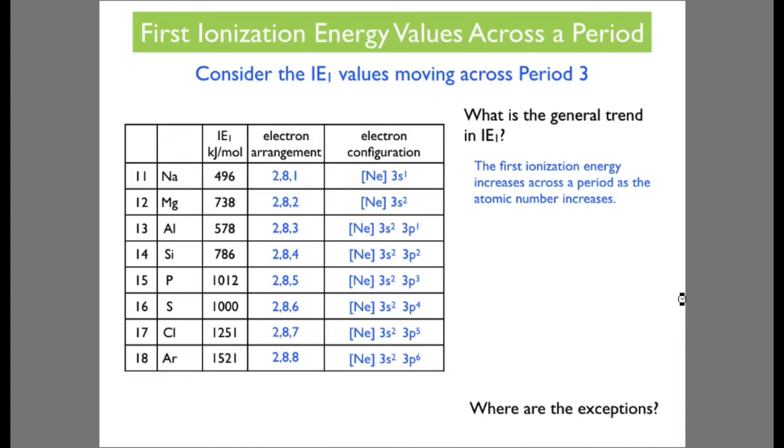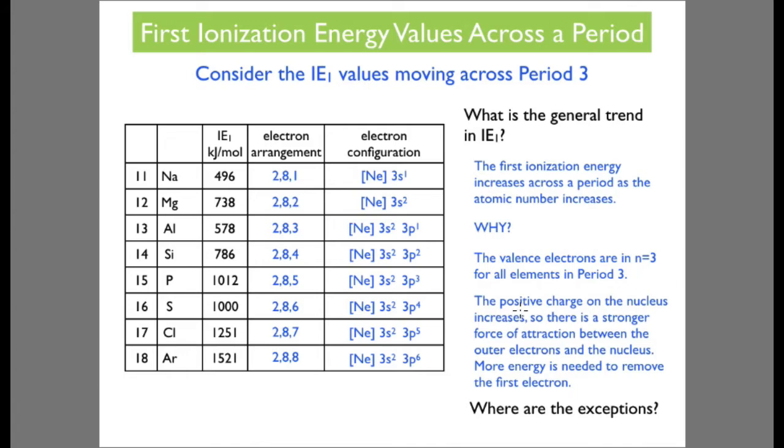And this makes sense, because the valence electrons are all in n=3 for all elements in period 3. But the positive charge on the nucleus increases, so there's a stronger force of attraction between the outer electrons and the nucleus, so more energy is needed to remove the first electrons. But we saw something funny, didn't we? What about here and here? There seem to be some exceptions.